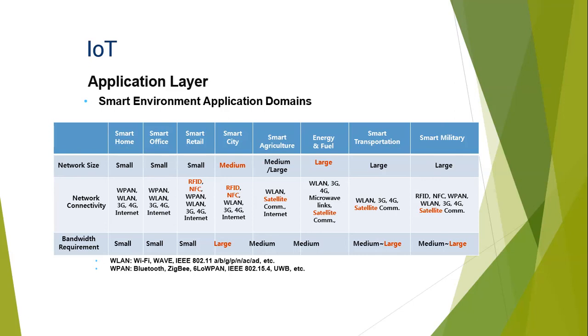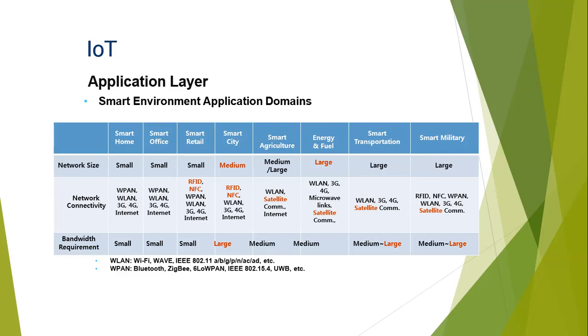This is somewhat common for all different types of application domains. Once you go into smart retail, in this domain RFID and NFC become very important. Also you can find many different applications in smart city as well.